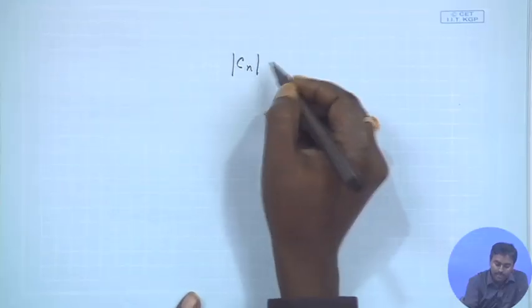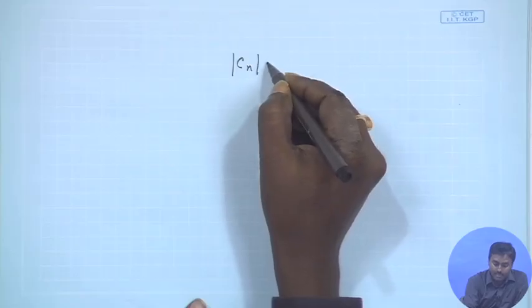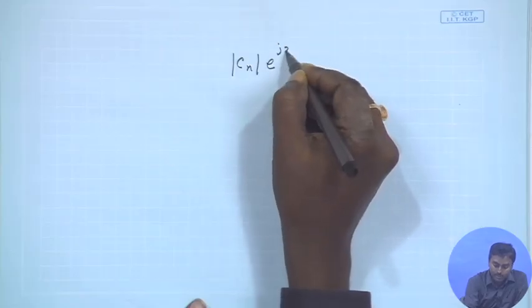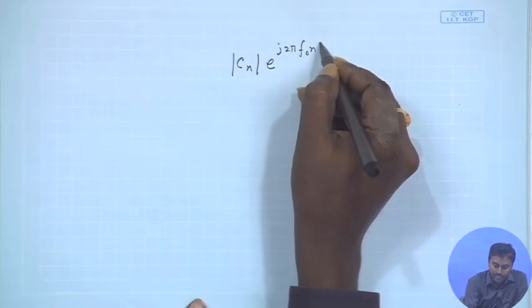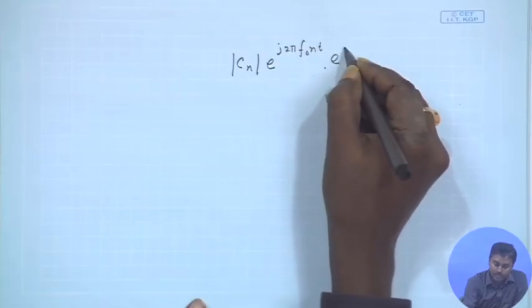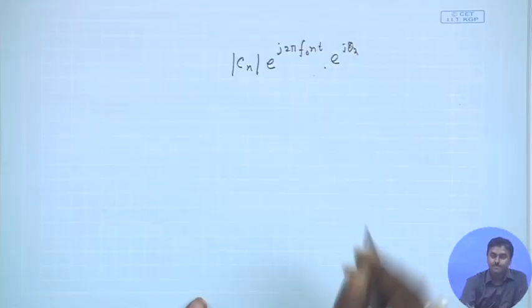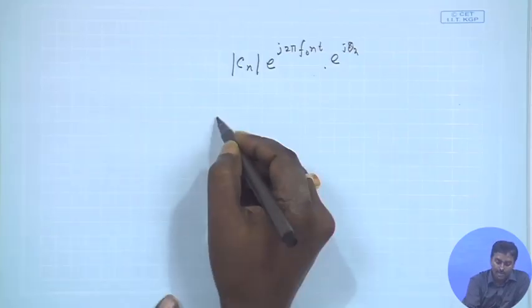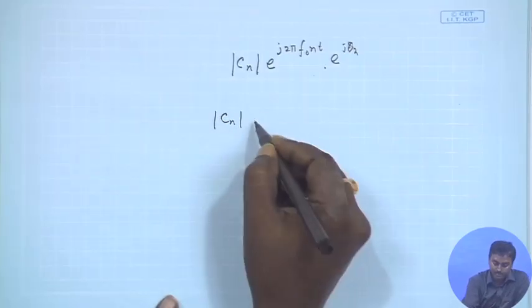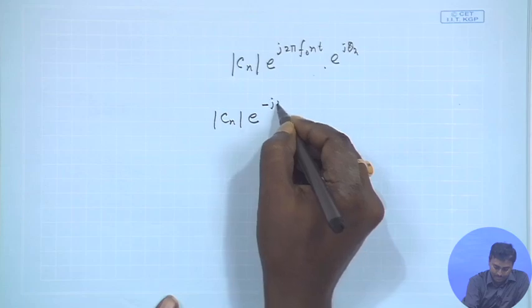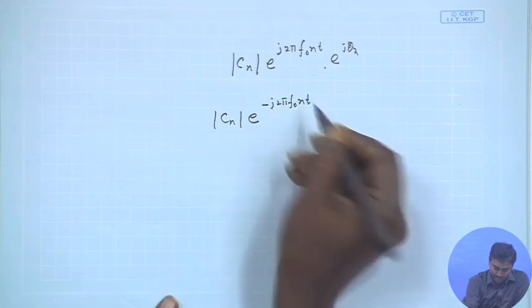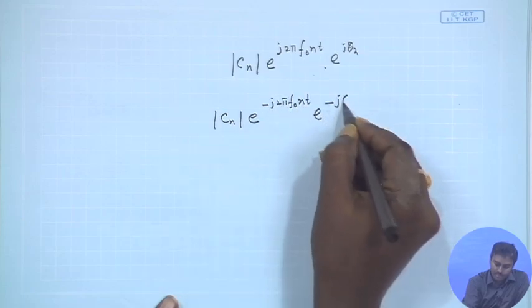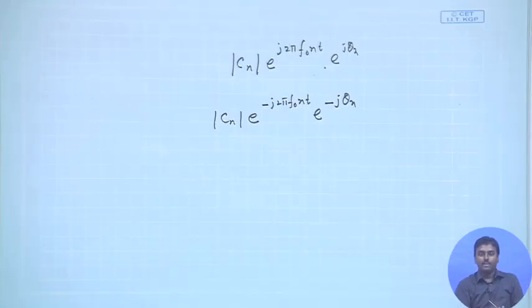At positive frequency, we have mod Cn times e to the power j 2 pi f0 nt times e to the power j theta n. At negative frequency, I have the same Cn e to the power minus j 2 pi f0 nt e to the power minus j theta n. This is something we have, right.